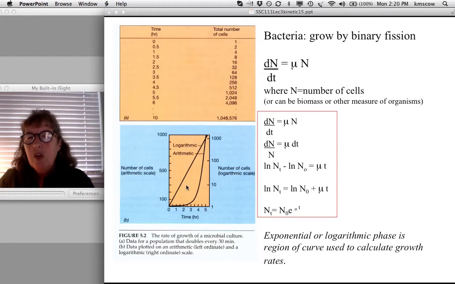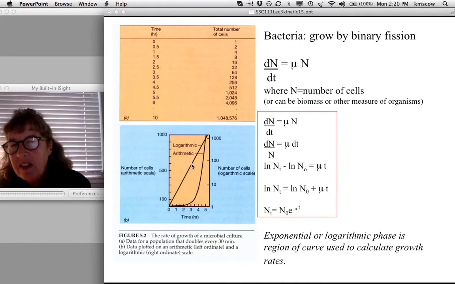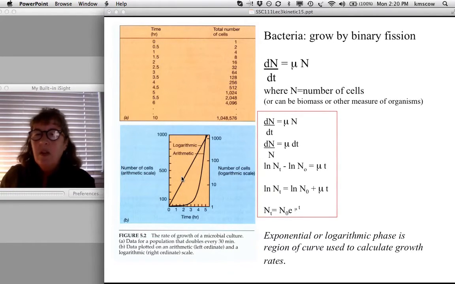And that mu is also, just like in first order kinetics, the slope of this line, the logarithmic plot of number of cells over time. That slope is going to give you that growth rate constant.